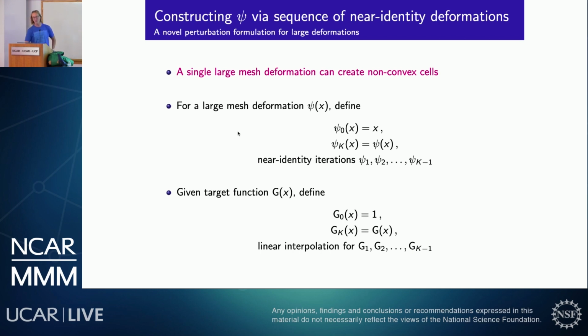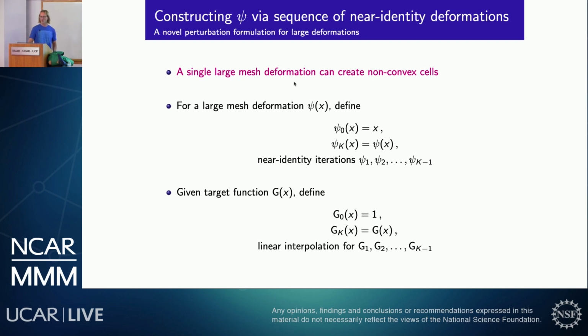So there's this new formulation that we created, which is called large deformation via a succession of near identity transformations. So now the idea is that you go one large deformation by breaking it up into 20 smaller deformations, each one of those small deformations computed in exactly the way I just showed you.